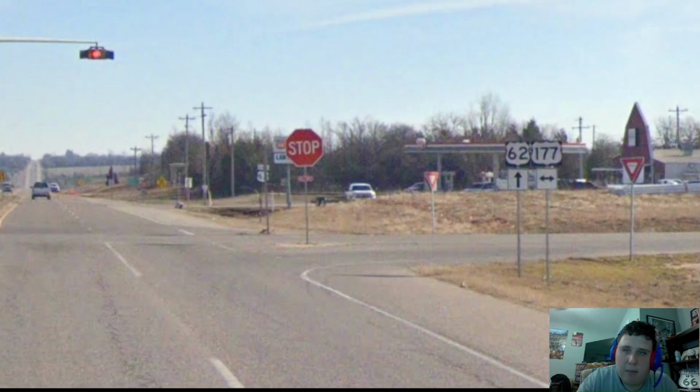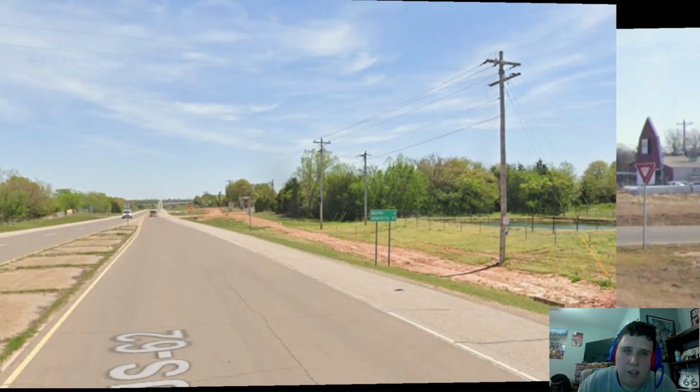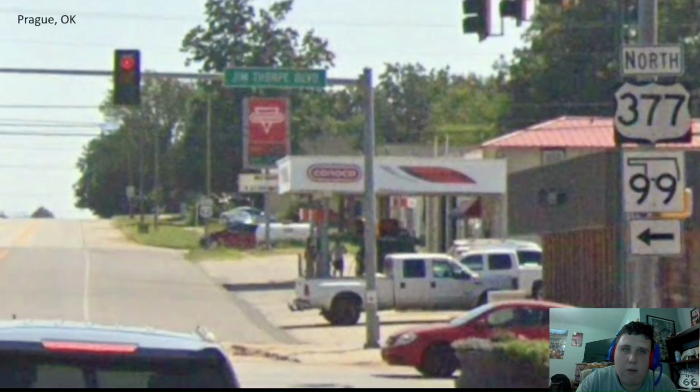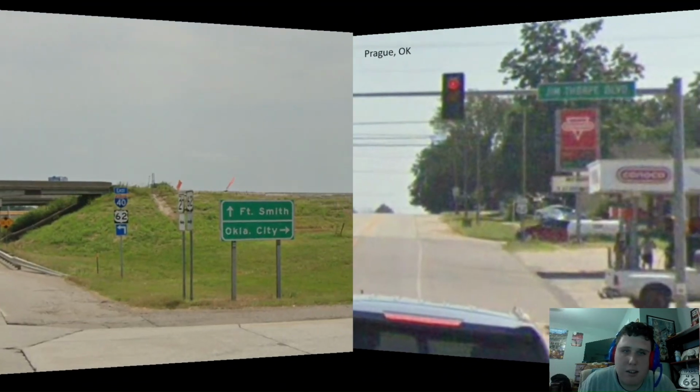And here in the middle of nowhere, we're meeting US 177, and 62 is going to continue east from here, heading into eastern Oklahoma. On our next mileage sign, we have Henryetta on the bottom line, which is 89 miles away. On our way to Henryetta, we enter the town of Prague, and here in Prague, we're meeting US 377 and Oklahoma Highway 99.